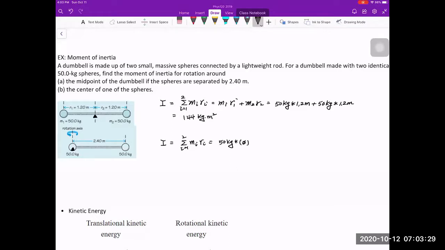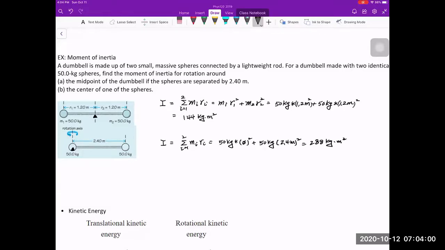Well, this should be squared. Oh, I always forget this should be squared. And what about the second one? The second one is 50 kilograms times, instead of 1.2, 2.4 meters squared. And you calculate this to be equal to 288 kg meter squared.